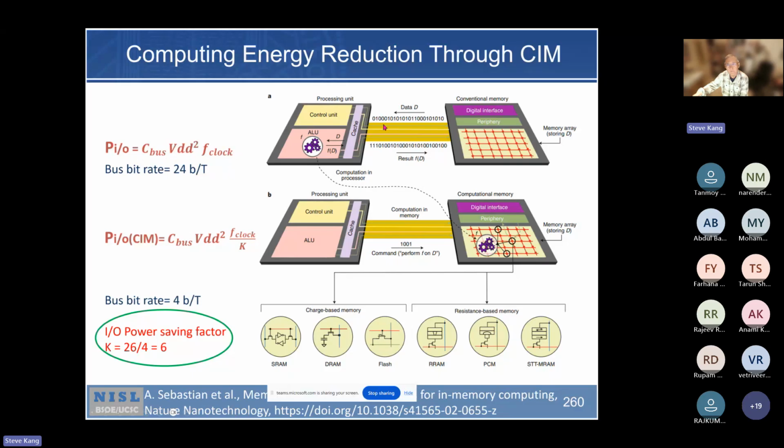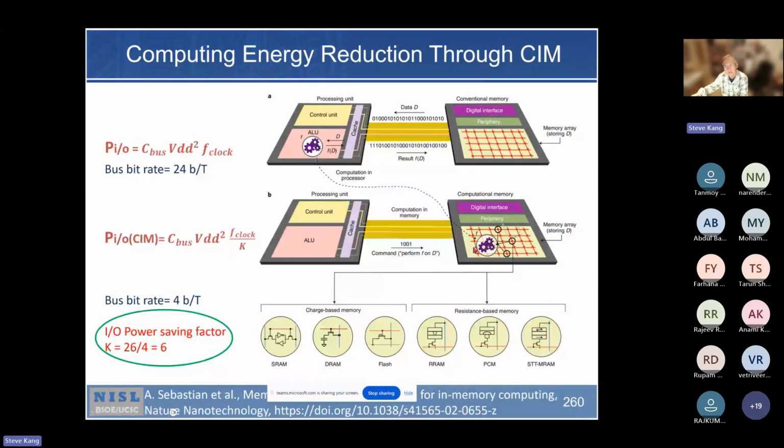In this example, it is 24 bits per clock cycle. Whereas if you do processing in memory, moving the processing function into the memory, you do a lot of computation there, so you don't have to move data as frequently.